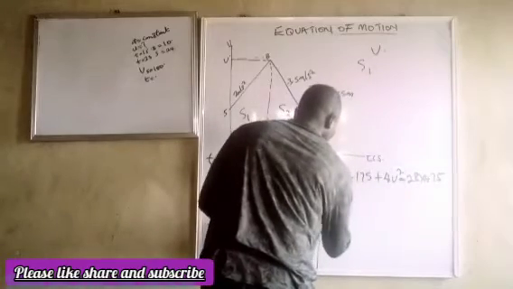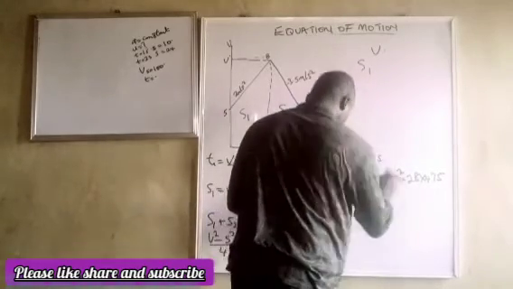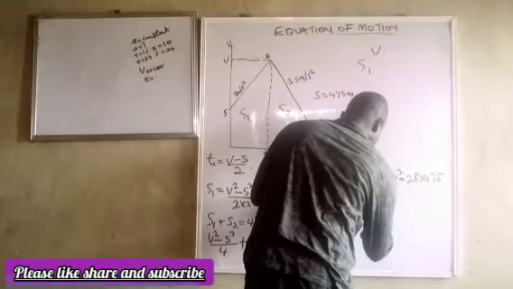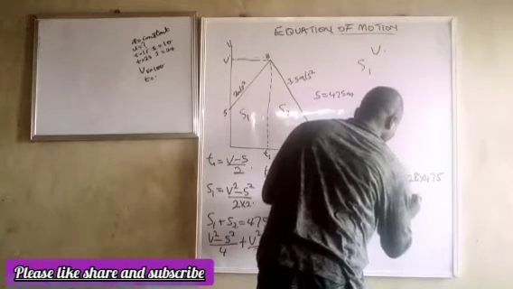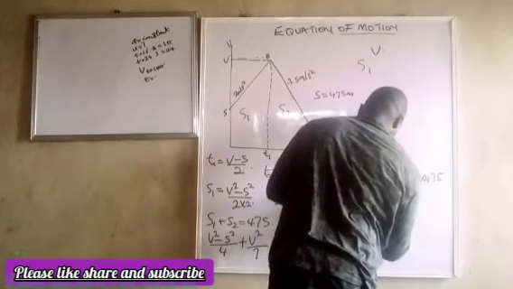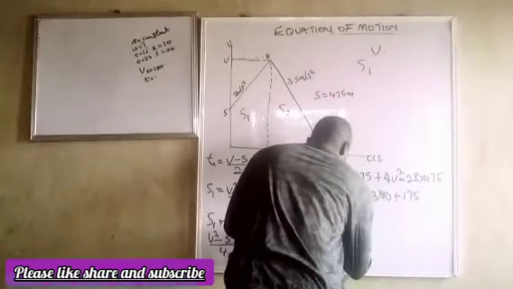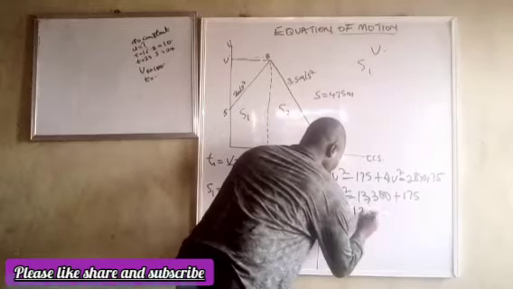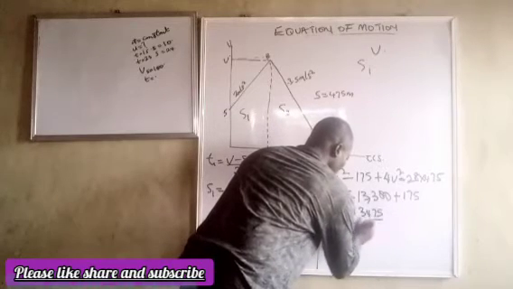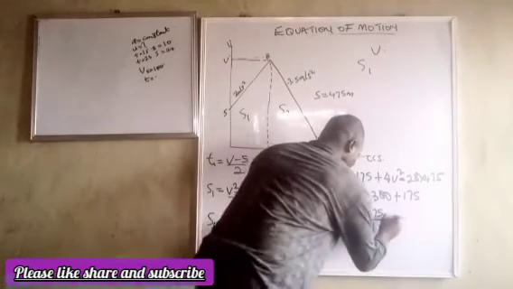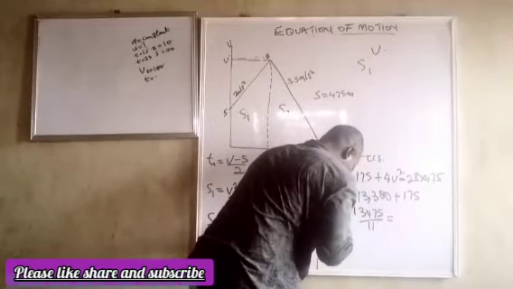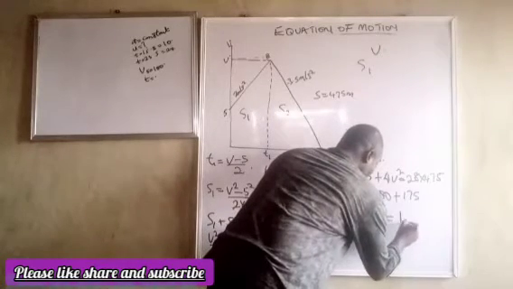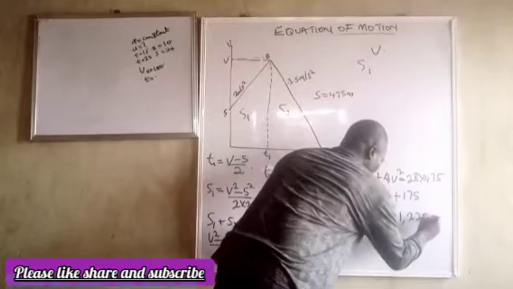So I have 11V squared is equal to 13,300 plus 175. So V squared is equal to 13475 over 11, and that gives me 1225.